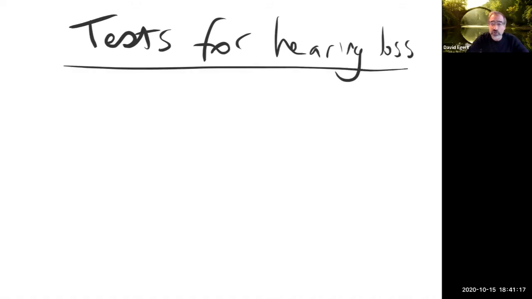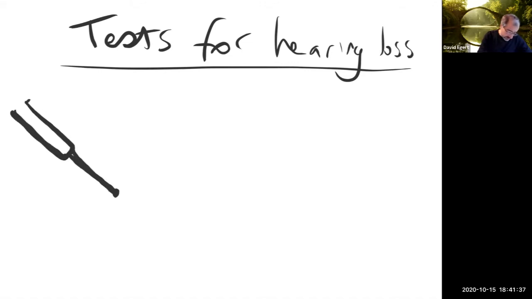There are these two really classic tests that people use in a clinical setting to look for hearing loss. They're both very straightforward. All you need is a patient and a tuning fork that you can vibrate. A tuning fork is basically a piece of metal, about 4 inches long, and you whack it and it goes bing, and then you can stick it on their head or hold it by their ear.